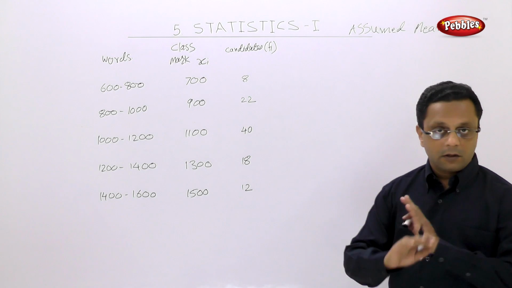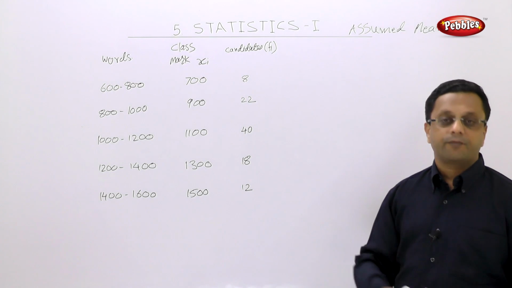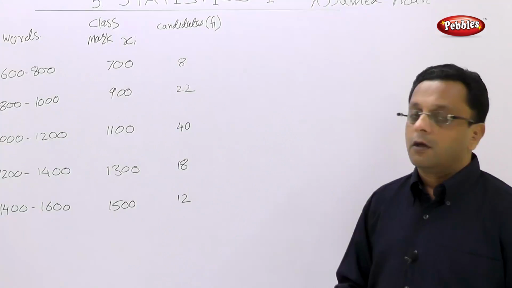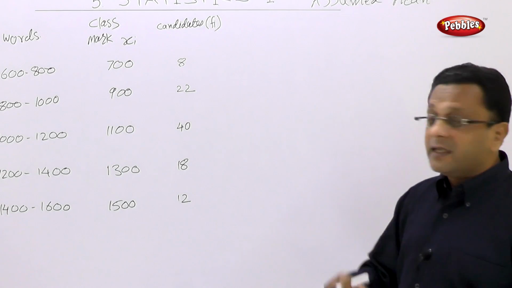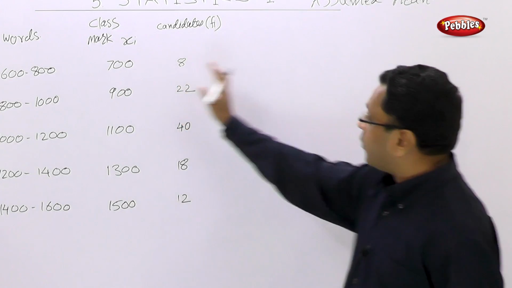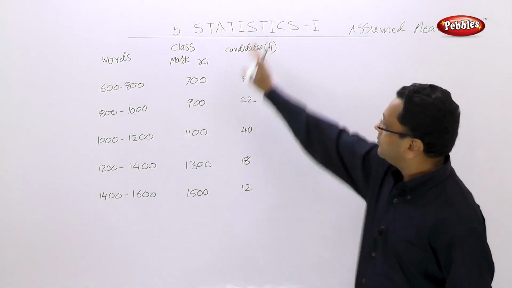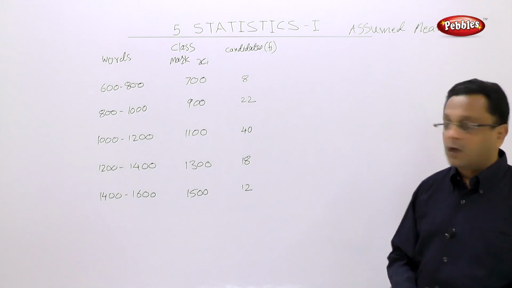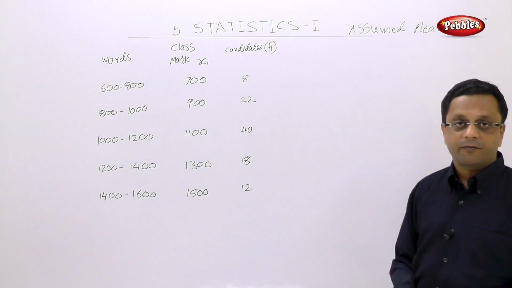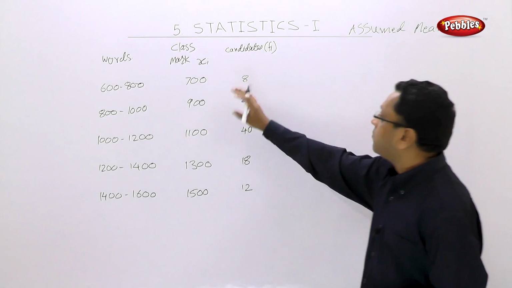First is same, there is no change. Now remember one thing, whenever you are asked to find out the mean by assume mean method, it is better if you keep one space here. Okay, I'll tell you why. Right now we have written it here, so it will jumble the things.